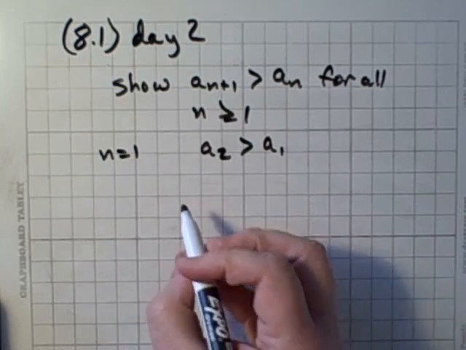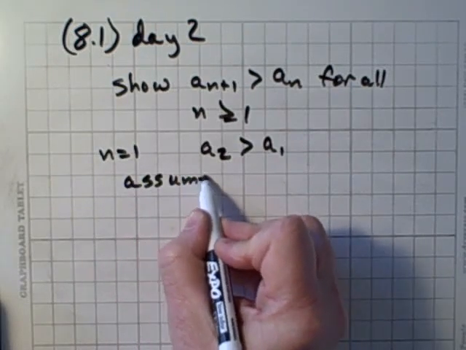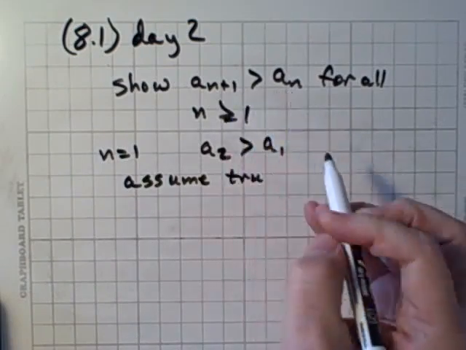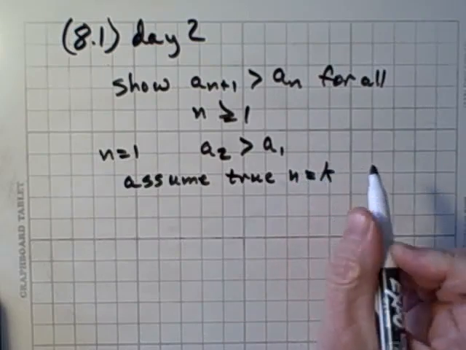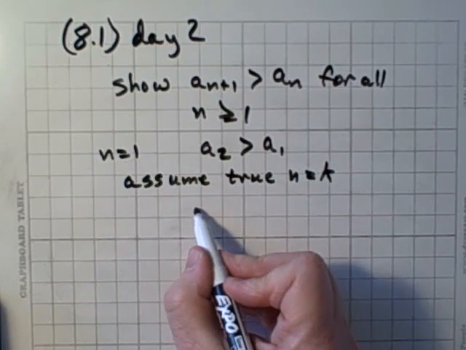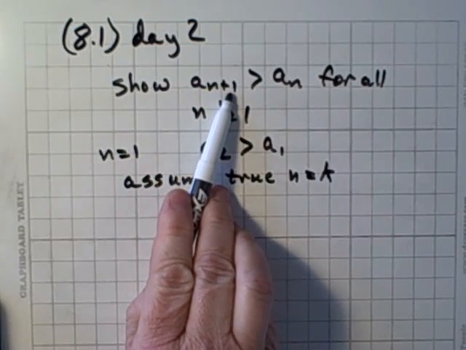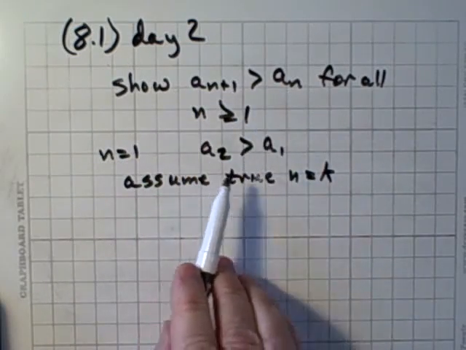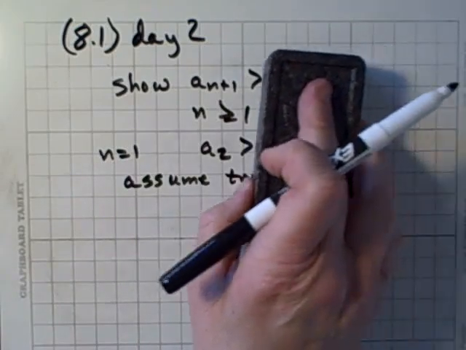And now we begin by assuming that this statement is true for n equals k. In other words, we're going to assume that a sub k plus 1 is bigger than a sub k. And we'll show that if it is, it's true for the next pair. And so there's a domino effect.